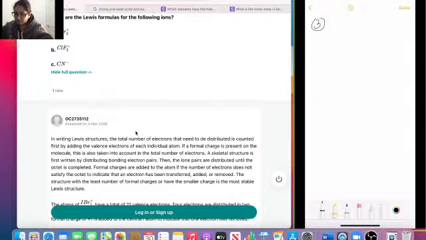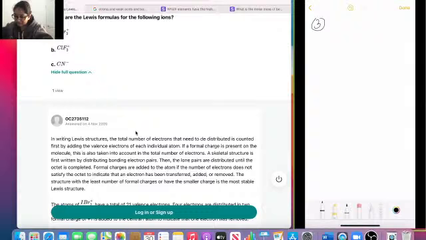And to do that, in writing Lewis structures, we have to first find the total number of electrons needed to be distributed, counting the valence electrons, and then the formal charge, and the total number of electrons. We also have to draw the bonding electron pairs, how many lone pairs there are, right? So this is what a Lewis structure is.